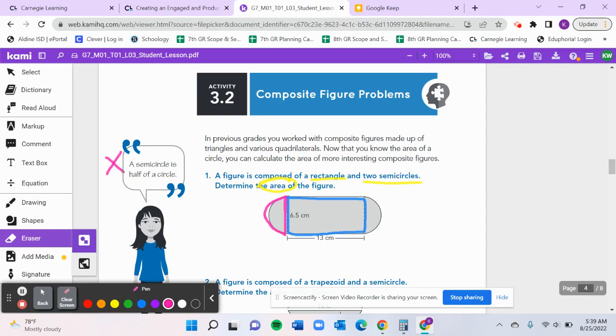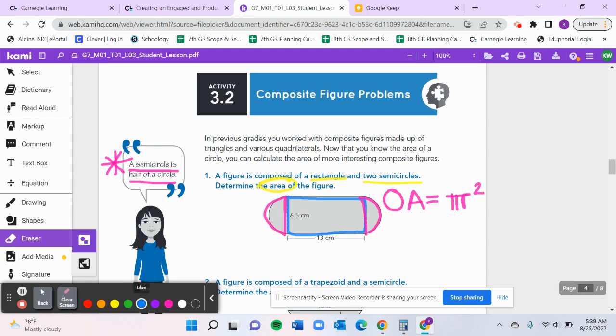Also, there's a little note right here that helps you remember a semicircle is half of a full circle. So I can take these 2 semicircles to create one full circle, and we know the area is equal to pi r squared.